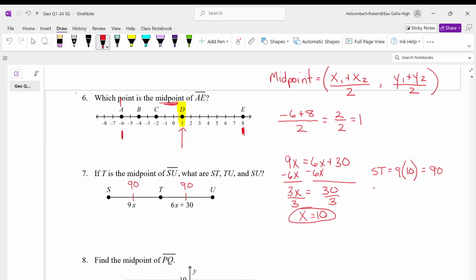T to U is equal to 6 times 10 plus 30, and 60 plus 30 is 90. And then we need S to U, the entire segment. So SU equals 90 plus 90, which is 180.